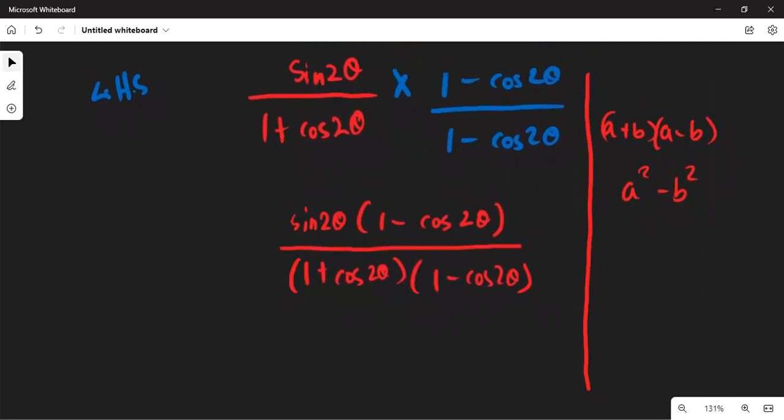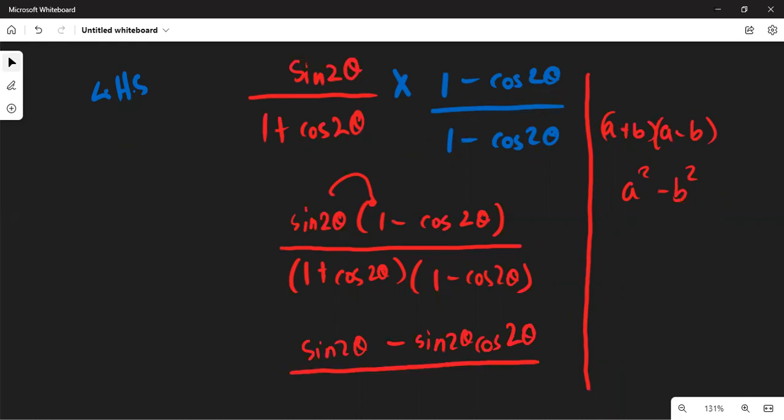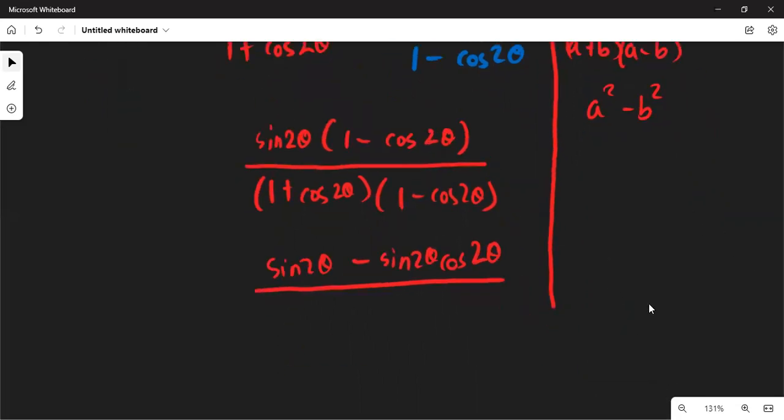So applying our difference of two squares here, it means we're going to change this. But the first part, just multiply as it is. There's nothing that's going to change here. Sine 2 theta multiplies everything there. So it's going to be sine 2 theta minus sine 2 theta cos 2 theta, everything over this part where we said we're going to have the difference of two squares.